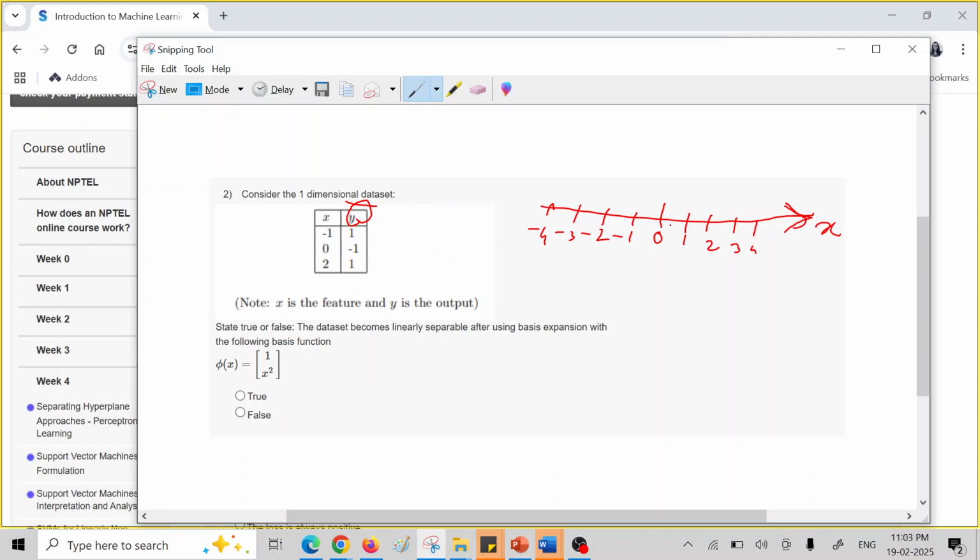That means if the data point is -1, the class label for this data point is +1. If the data point is 0, the class label for this data point is -1.